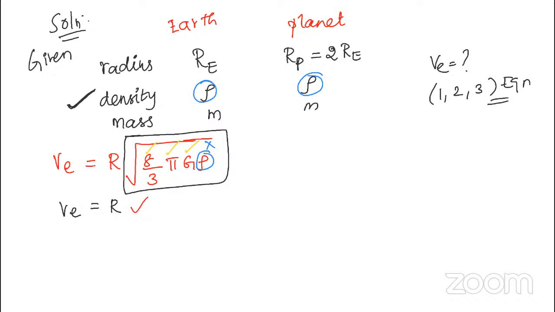In that problem, they are comparing the velocity values, the velocity for VE and VP.